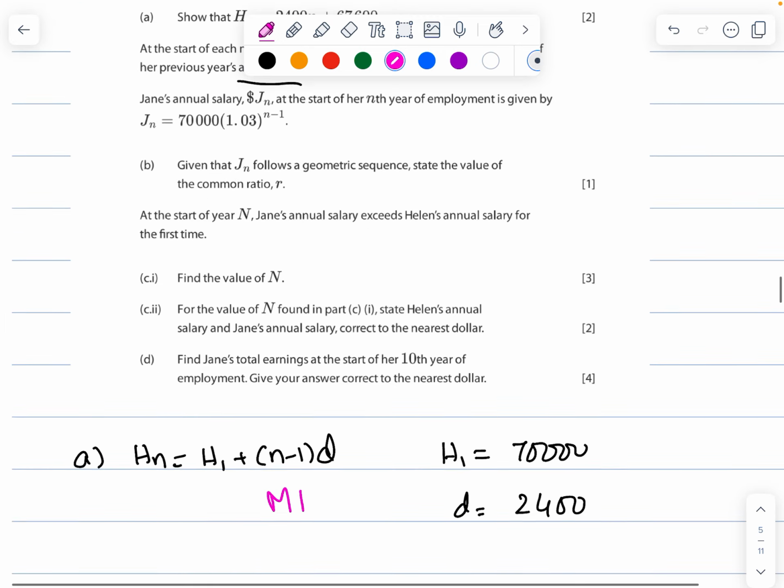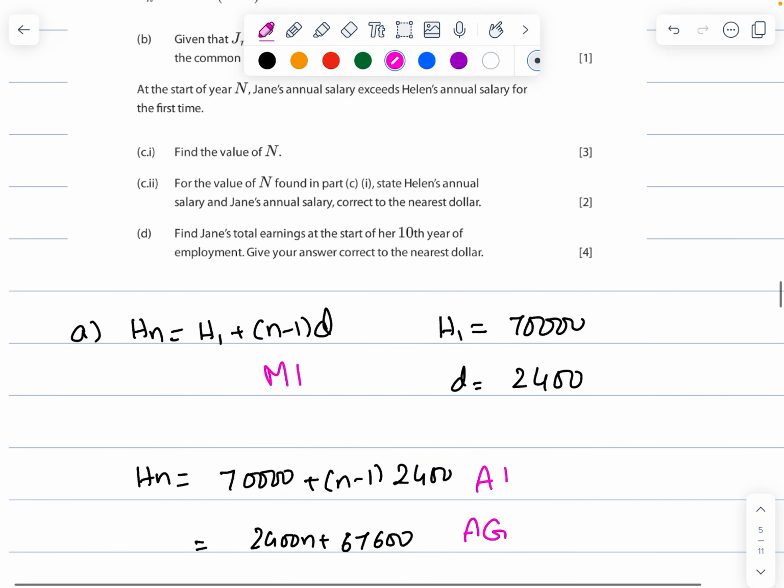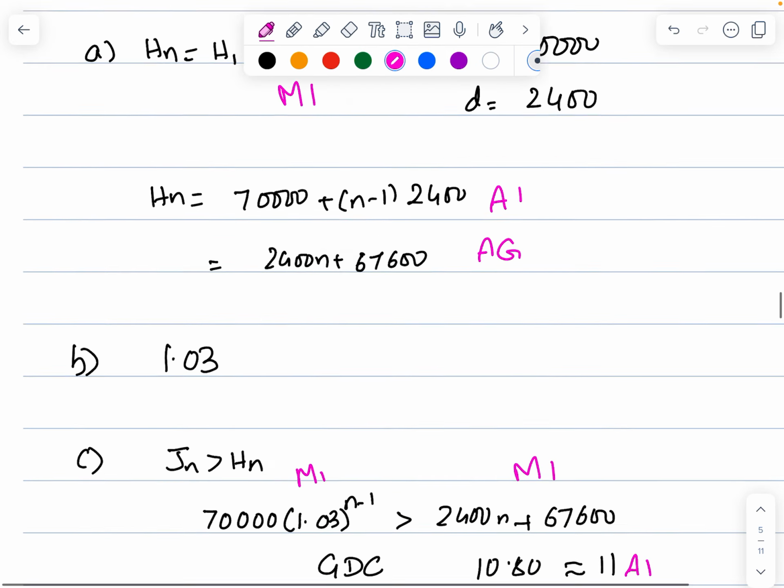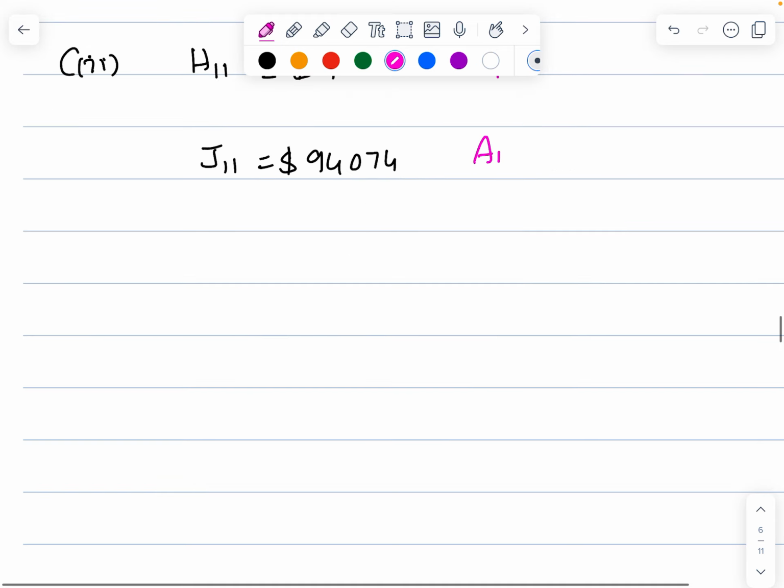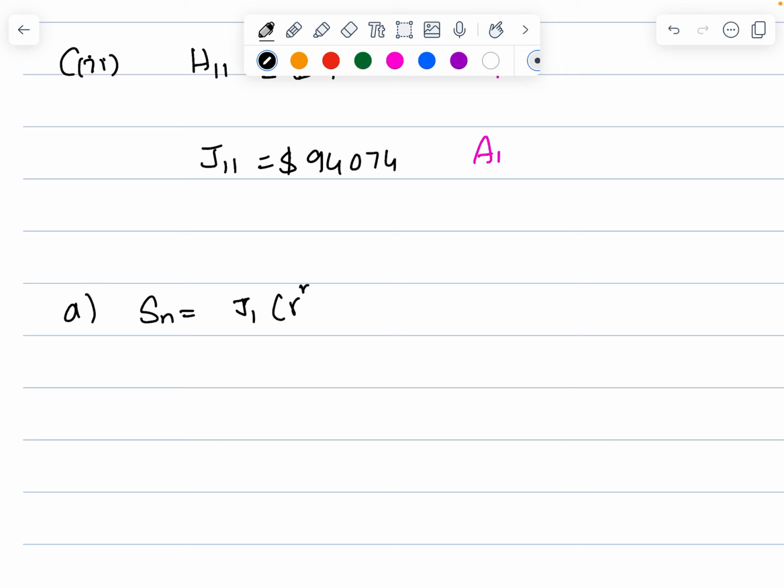Part D, find Jane's total earnings at the end of the 10th year of employment, giving your answer to the nearest dollar. So Sn equals J1 times (r to the power of n minus 1) by (r minus 1).